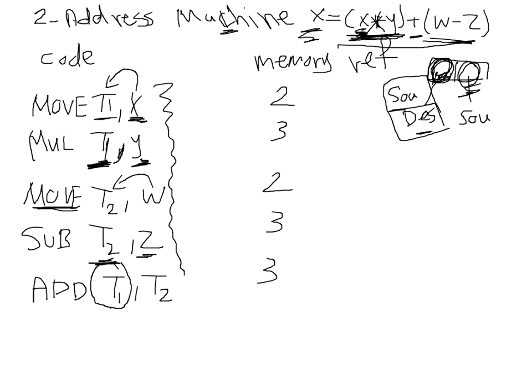But obviously we are not interested in t1. We don't have t1 in the equation. We are interested in getting the value of x. So simply, just move the result to x. Say, okay, then move t1 to x. So we have our final result.